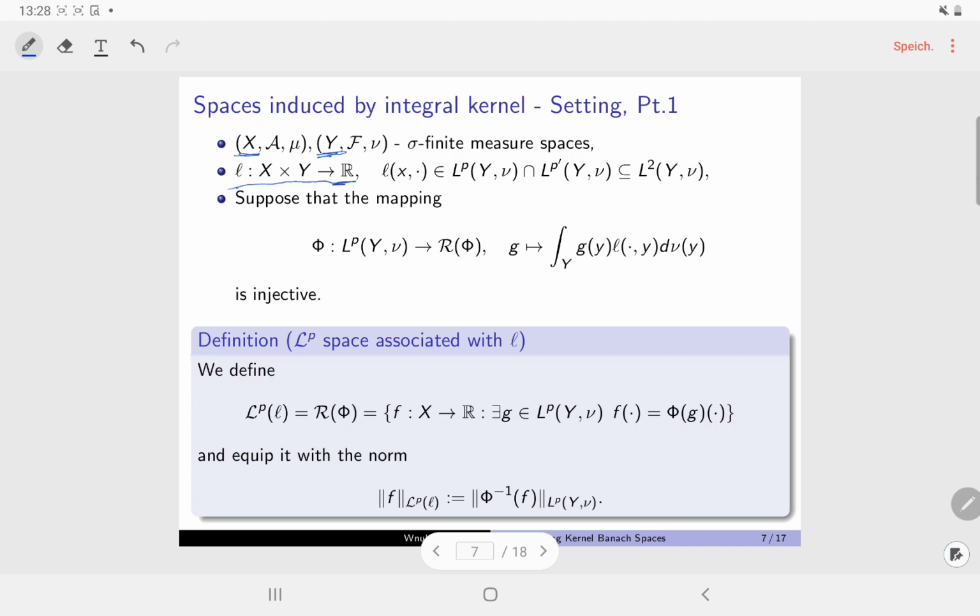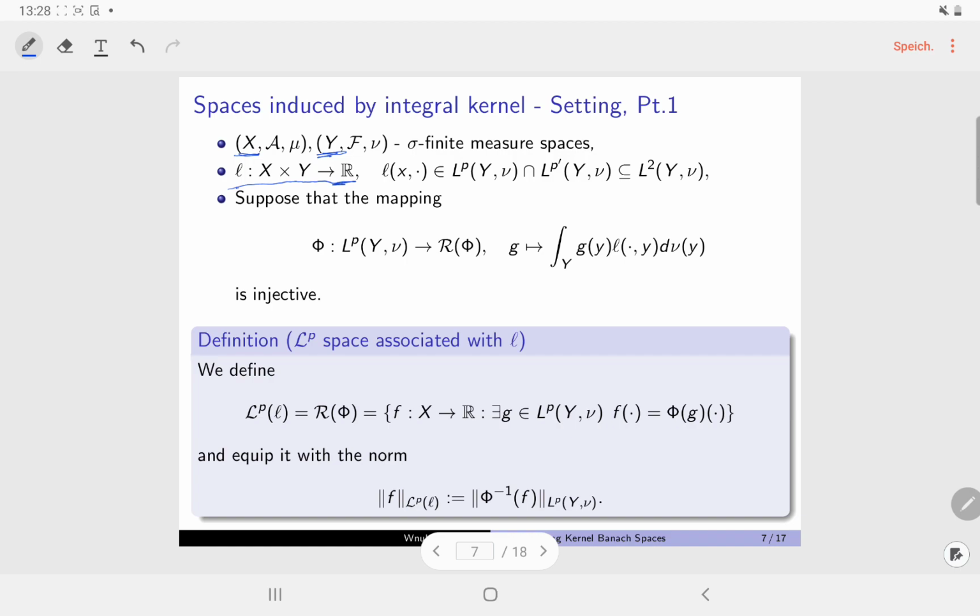We require, namely, that L with the first argument fixed is in L^p of Y and in L^p' of Y, which naturally forces it also to be in L^2 of Y.